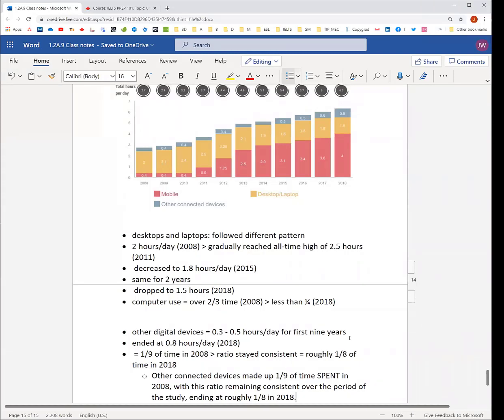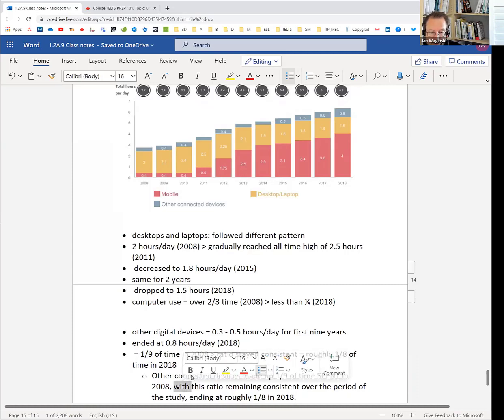One question: Can I ignore with? Can I delete with? Can I say this ratio remaining consistent? Yes, but I would include it. I would keep it. Technically, it's correct, but it's going to sound a bit awkward.